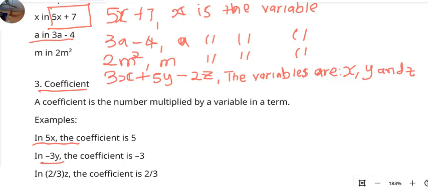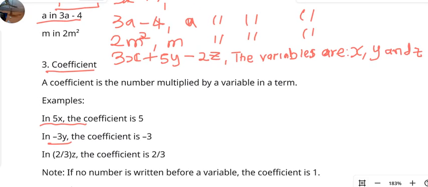Please always bring them alongside their sign, because that's how it's always supposed to be. So it's minus 3. That's the coefficient of y. Coefficient is always a number that is attached to a variable. Here in this example 3, we have 2 over 3z. So 2 over 3 is attached to z. So the coefficient of z is 2 over 3.